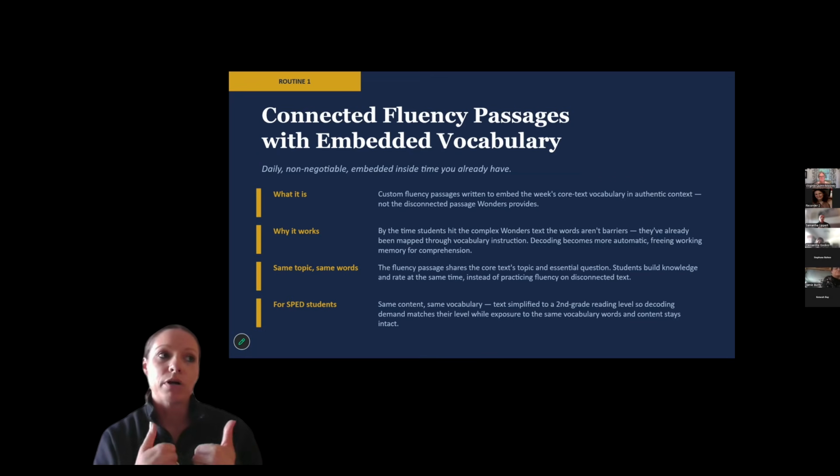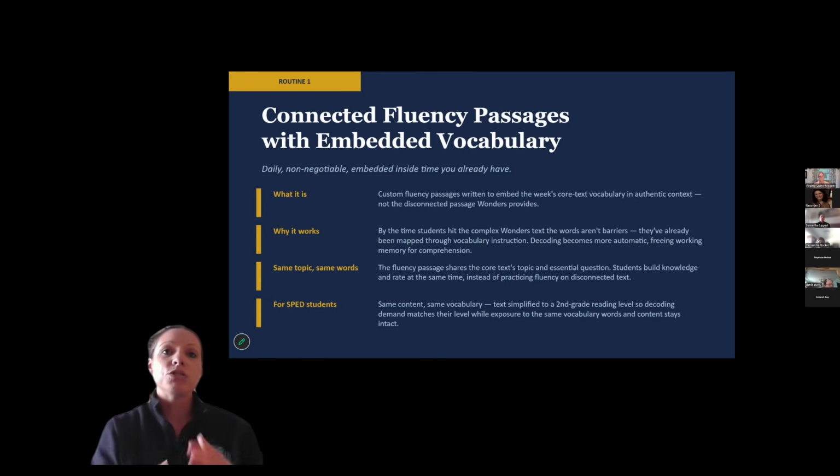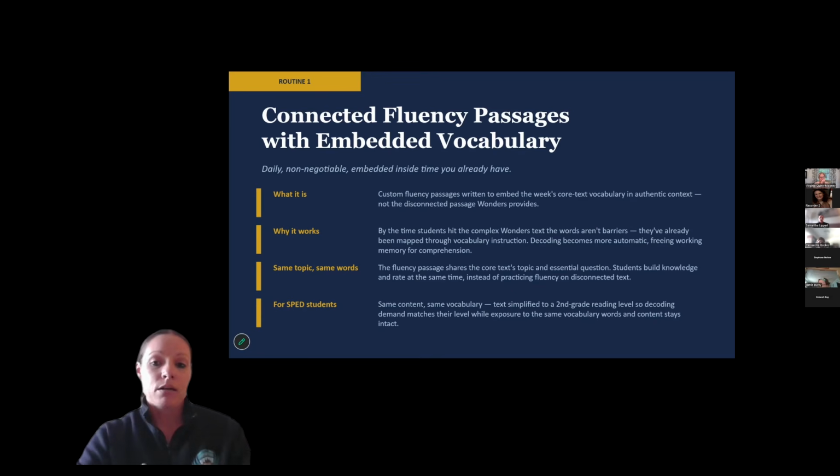And we looked for the gaps in the program and what we felt needed to be addressed. And one of the weakest components of Wonders is that it did not have a strong fluency component. So we wanted to do something that helped us grow our students' reading fluency alongside of their comprehension as well.